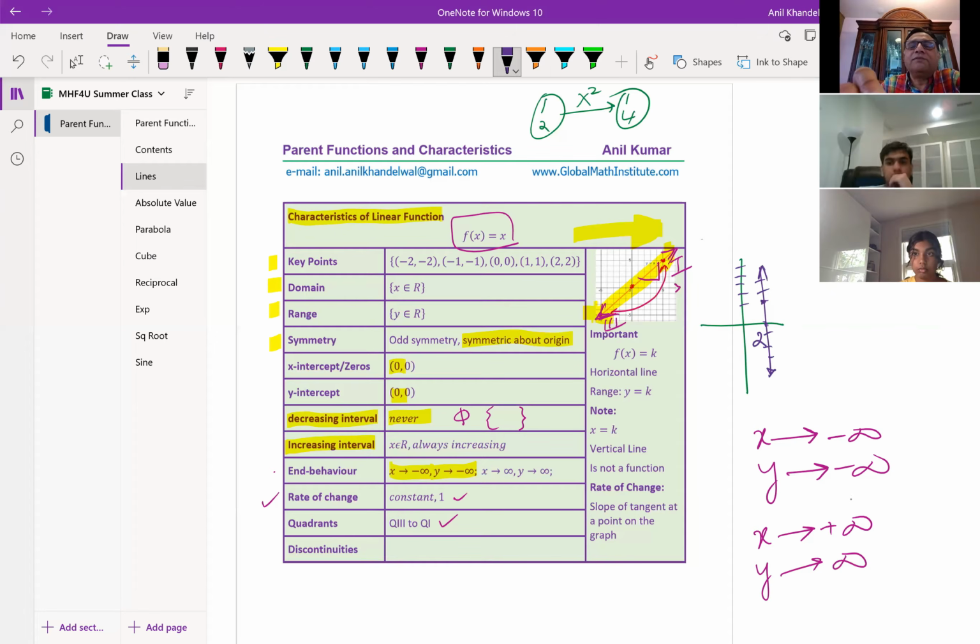On the other hand, if I have a horizontal line, now here for one x value, how many y values do I have? Only one, right? For another x value, again, the same y value, but each x value is associated with only one y value. You get the point? So it is again a function.